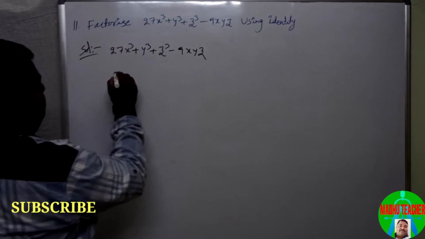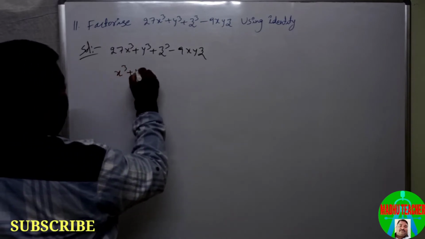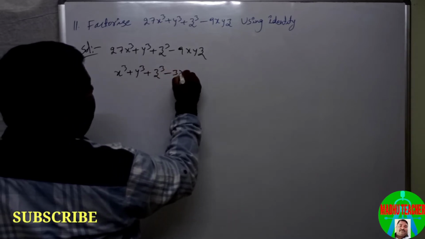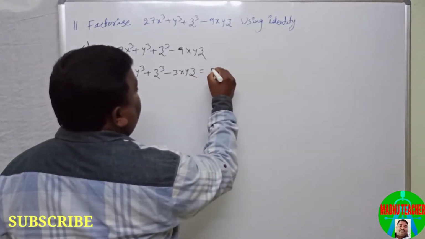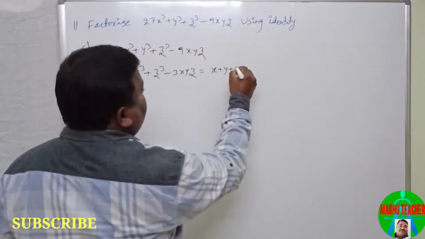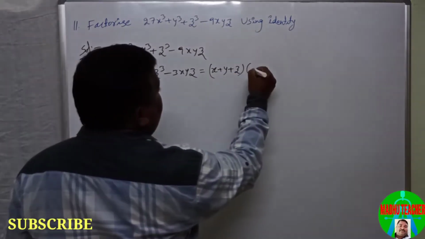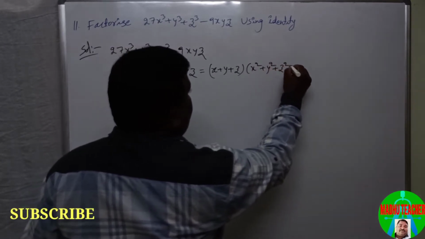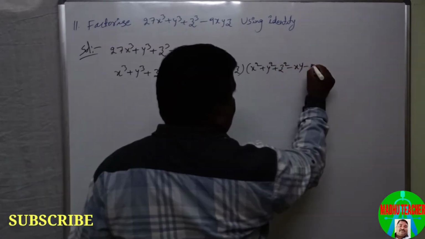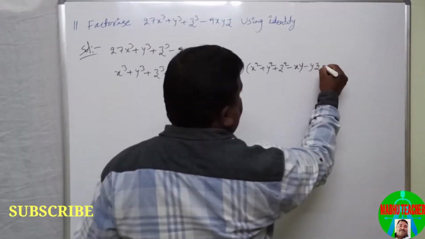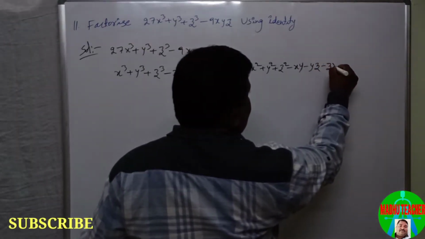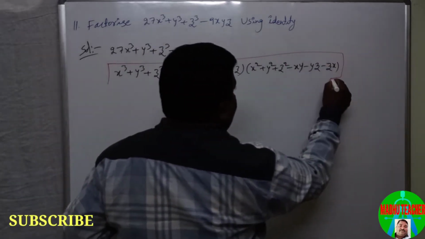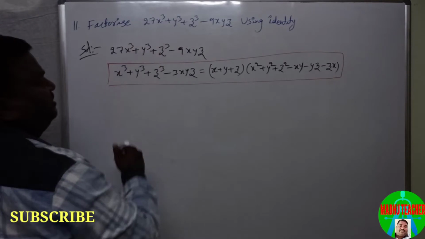So it is in the form of x cube plus y cube plus z cube minus 3xyz, that equals x plus y plus z into x square plus y square plus z square minus xy minus yz minus zx. So this is the identity. By using this identity, you have to factorize this.